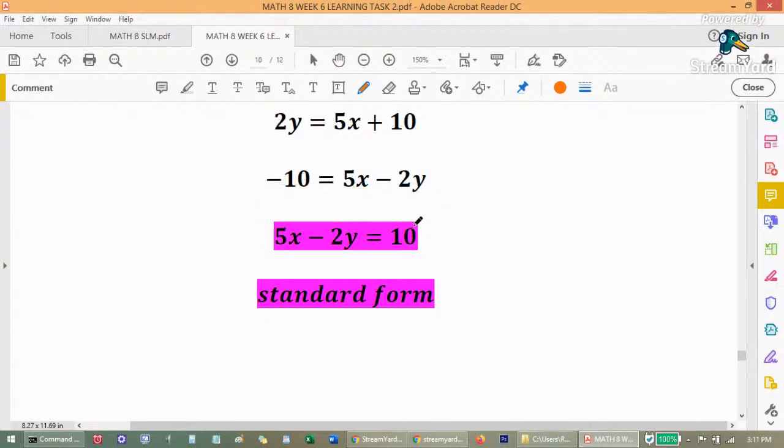Okay, so again, we have a correction here, okay?